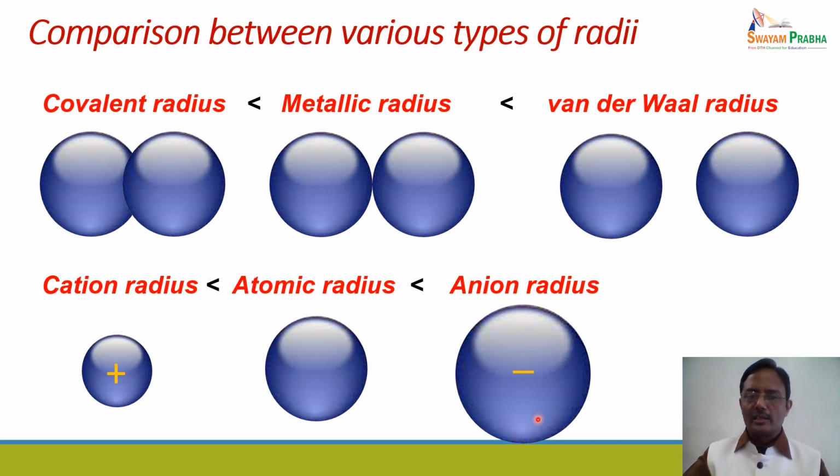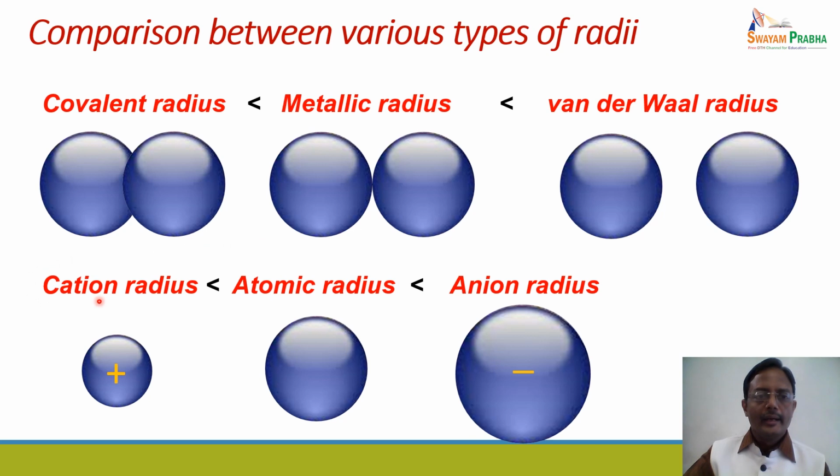One more aspect is there. An anion is generally formed by gaining of electron leading to noble gas configuration. Most of the anions we will find, like fluoride, chloride, oxide, sulfide, have noble gas configuration with the valence shell completely filled, and so there is a larger interelectronic repulsion because of the completely filled valence shell, and this leads to an increase in the radius.